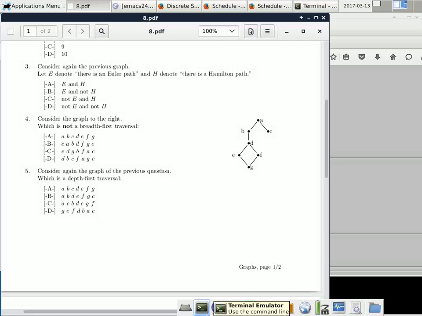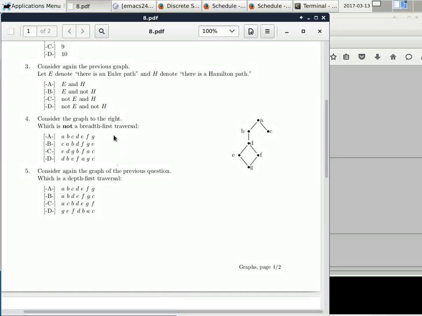All right. So which one do we want to do? It says which one is not a breadth first traversal. So let's recall what the breadth first traversal means. You start from a point, any one you want, and then you connect all the ones that are one step away.